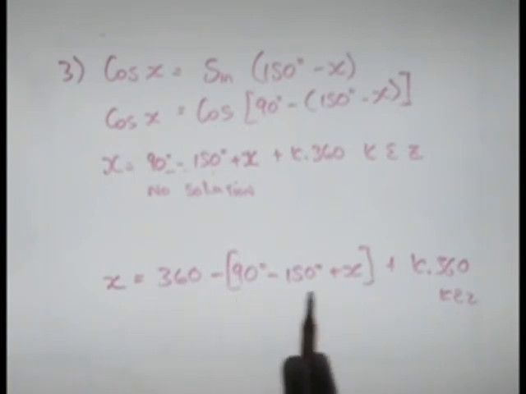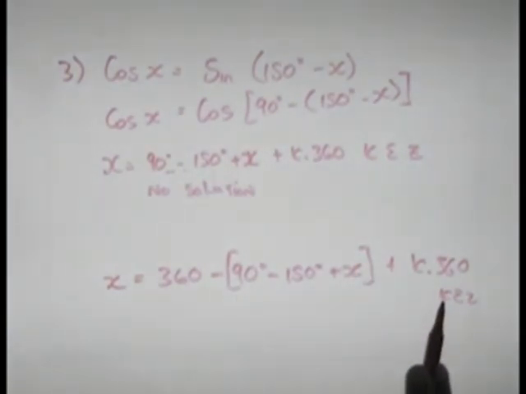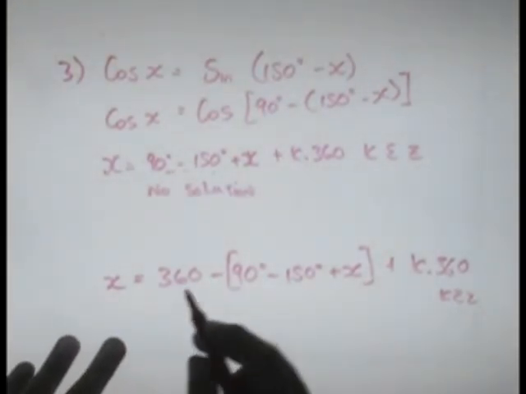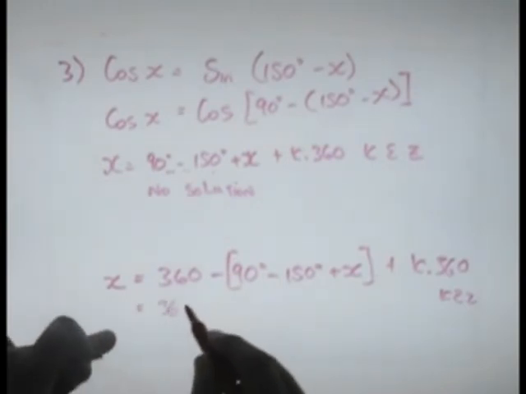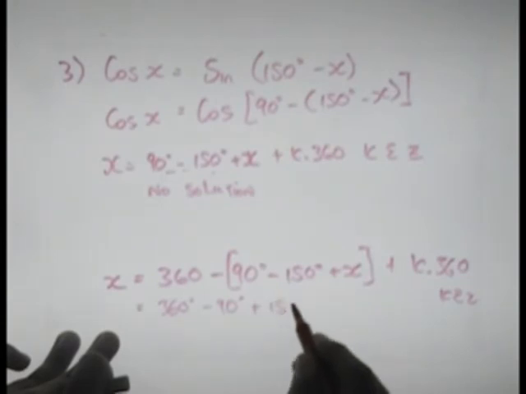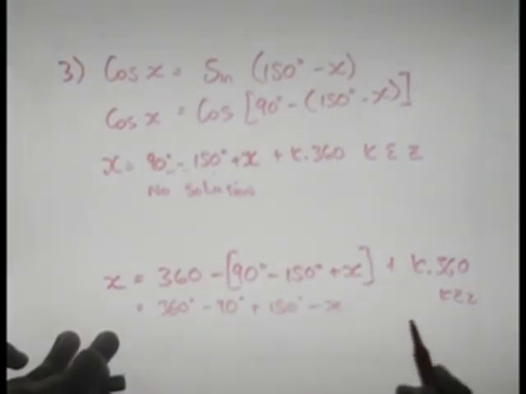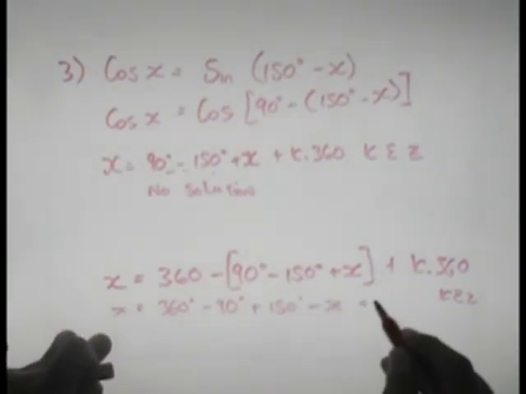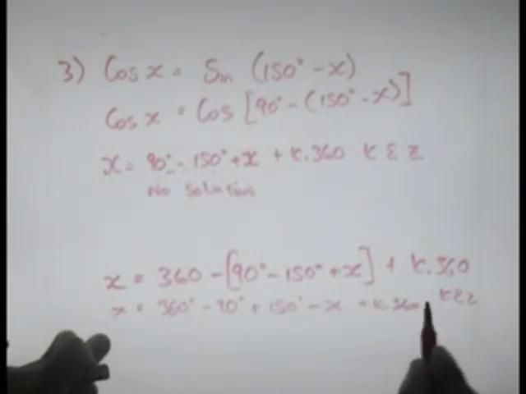There's also this solution here, which is going to become 360 degrees minus 90 degrees plus 150 degrees minus x plus k times 360.